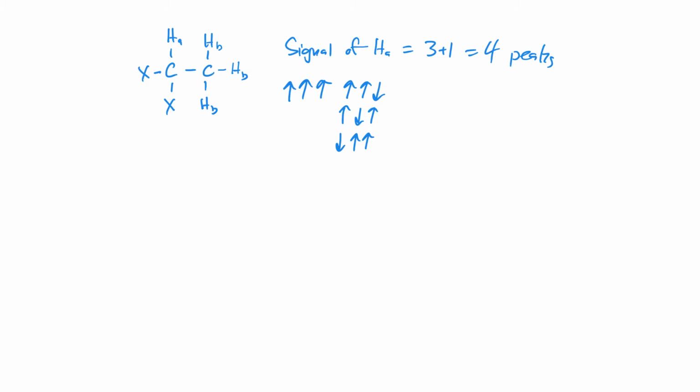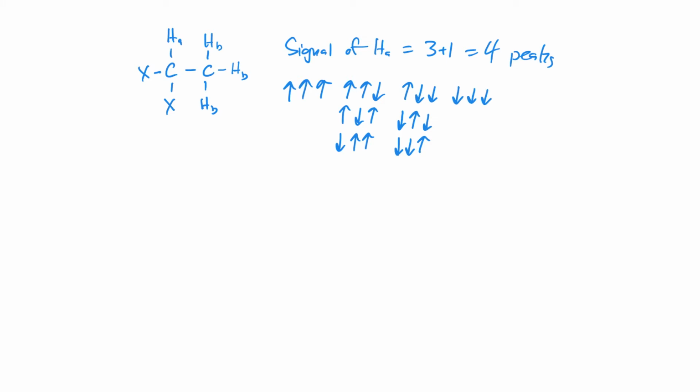Another possibility is to have two of the HB signals be aligned against the instrument. And we get three different possibilities for that as well. And the last possibility is all three HBs are aligned against the magnetic field of the instrument.